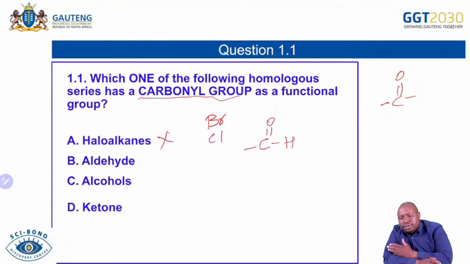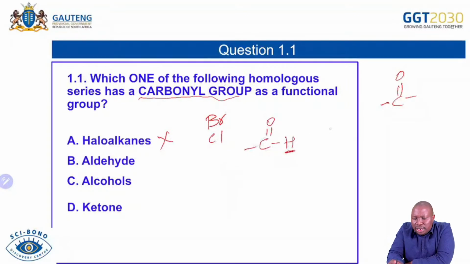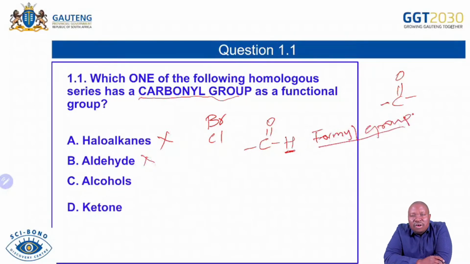Now that becomes a distractor to you, because learners make a mistake of identifying the C double bond O there without checking that the C double bond O is attached to a hydrogen, and that group is referred to as a formyl group. So aldehyde, the group is formyl group. So that cannot be the correct answer.